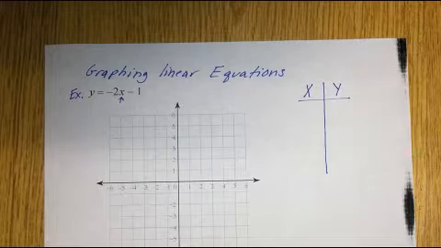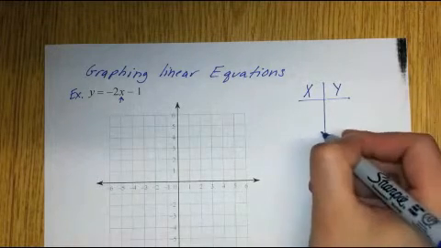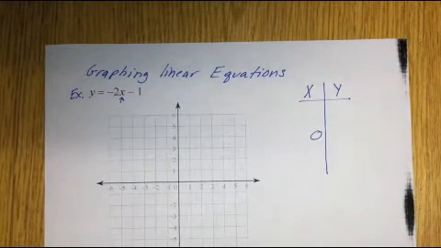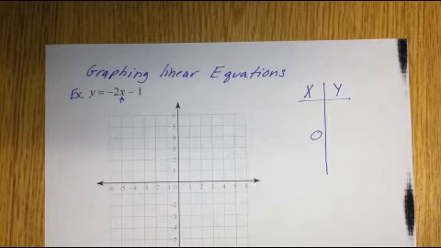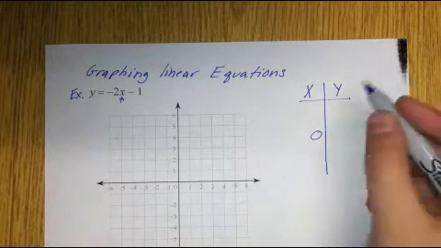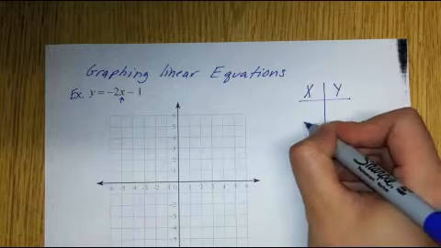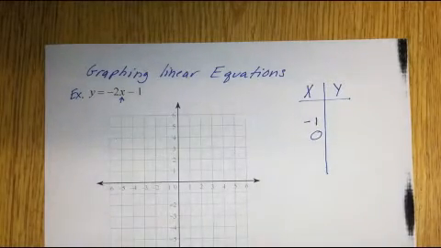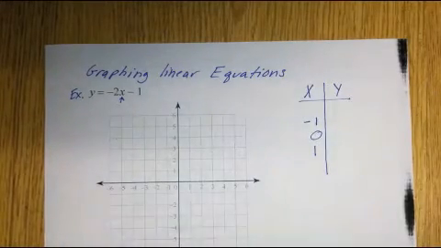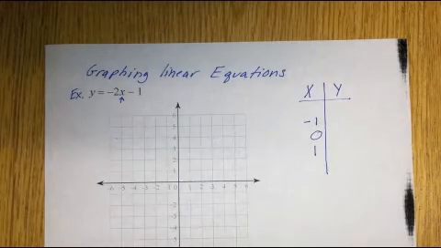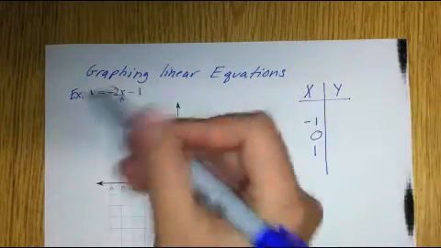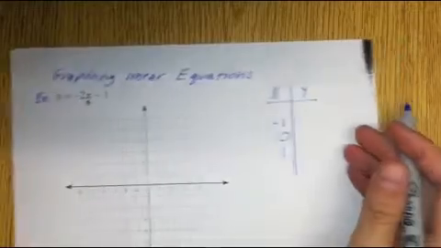That'll be good for this. So I'm always going to use 0. Let's pick a negative number. Honestly, it doesn't matter. I'm going to keep it consistent here and just do -1 and +1. Once again, you're going to plug in, solve for y, and we're going to get our output.